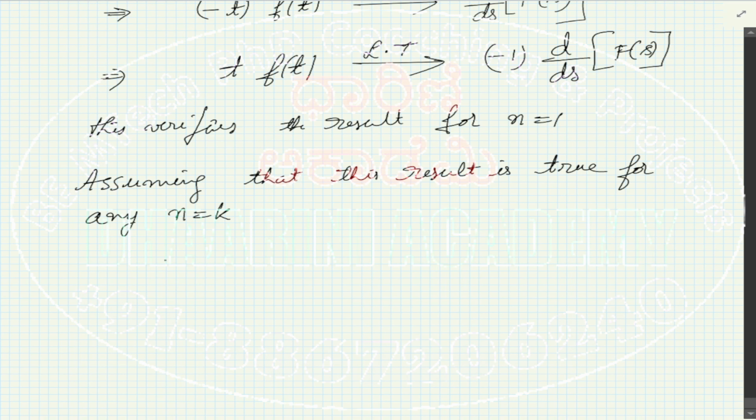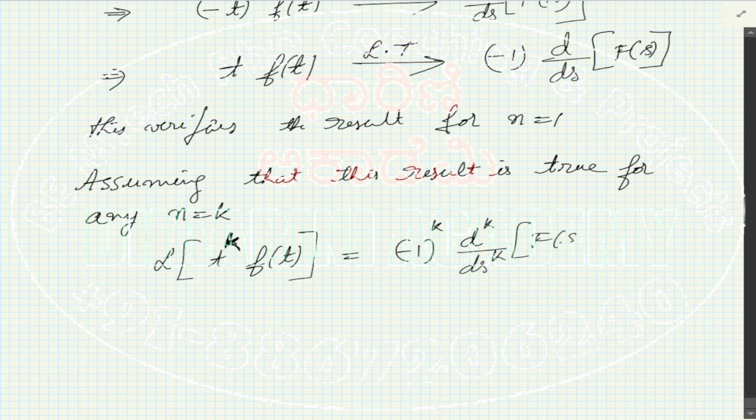right? That means I can write it in this fashion, that is Laplace transform of t to the power k into f of t is nothing but minus 1 to the power k into d power k by ds k of say F of s.